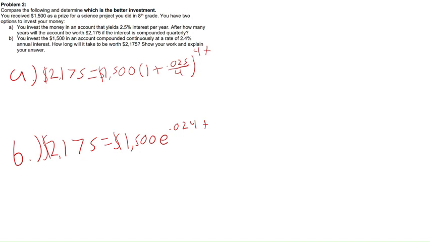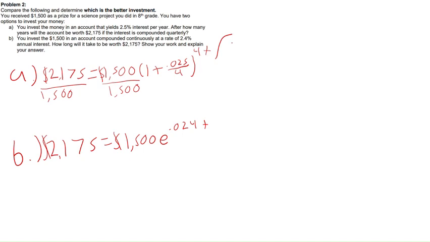The first one, we want to divide both sides by 1,500, because that's an easy one. So divide both sides by 1,500, and let's move this right over here.